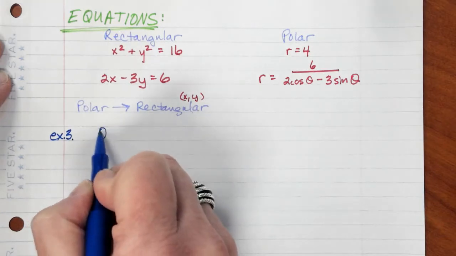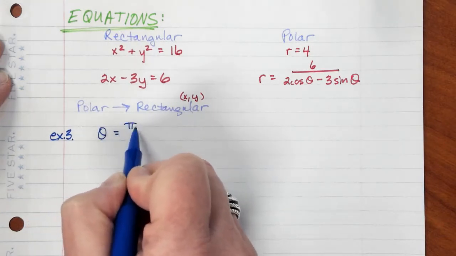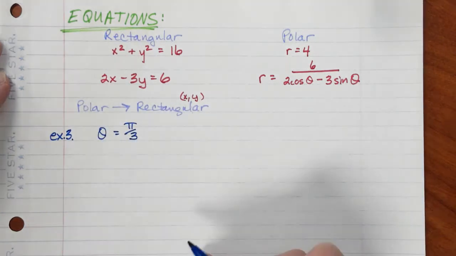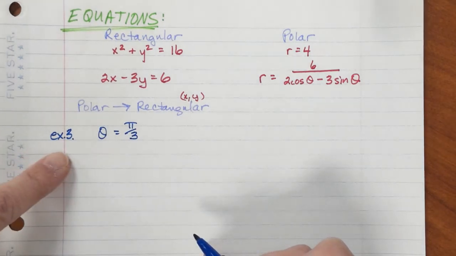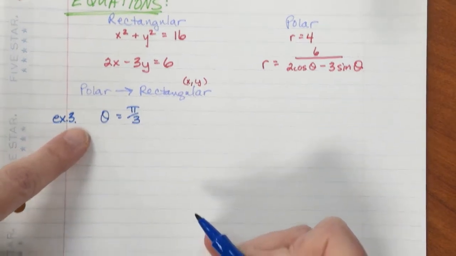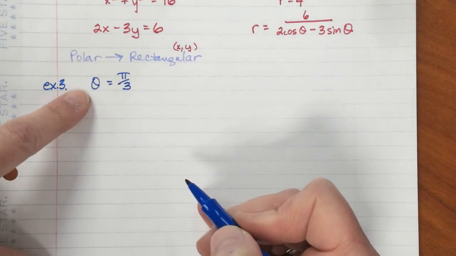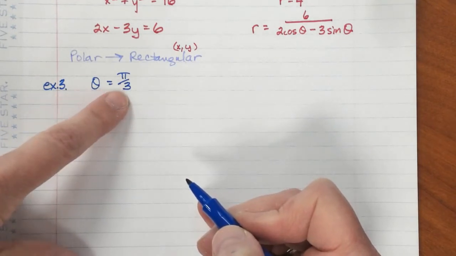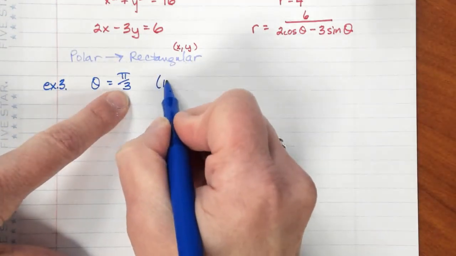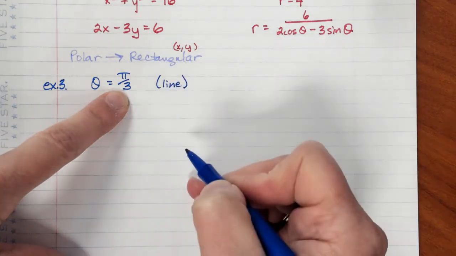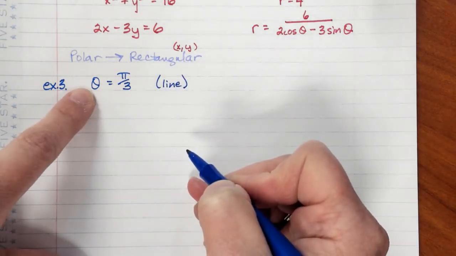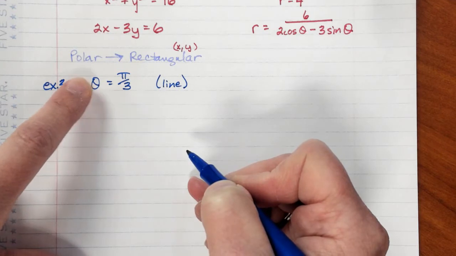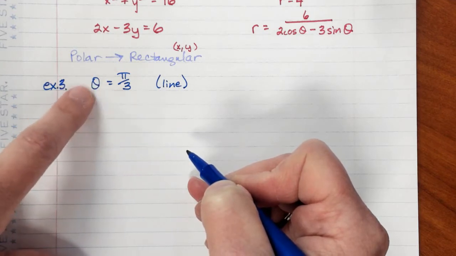If I give you theta equals pi over 3. Now you remember from lesson 9.1 that theta equals any of the angles. That's just a straight line, right? Well, if I give you theta, take the tangent, because you can play with tangent theta.